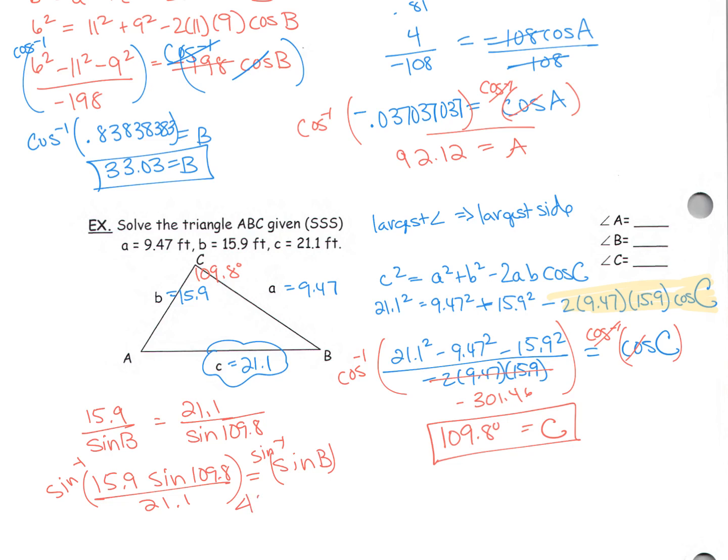And I'm going to get 45.2 degrees for my B. 45.2 degrees and 109.8 degrees. And then I'm going to subtract both of those from 180 to get 25 degrees for A.